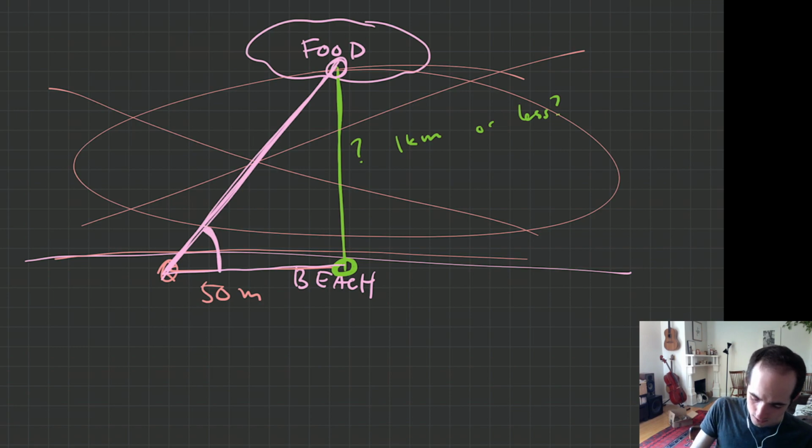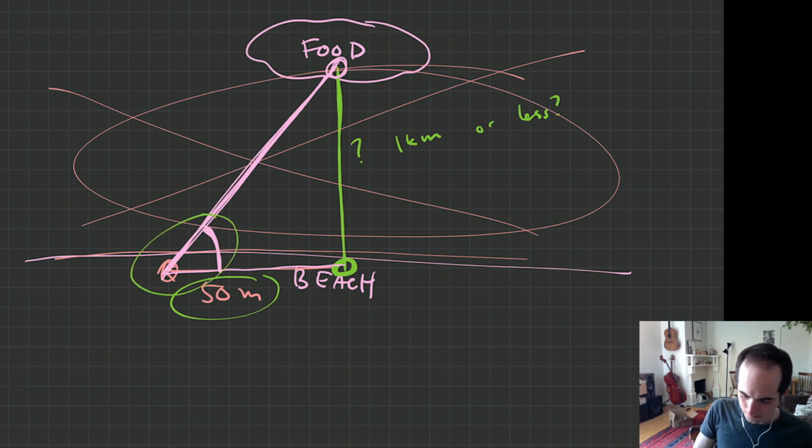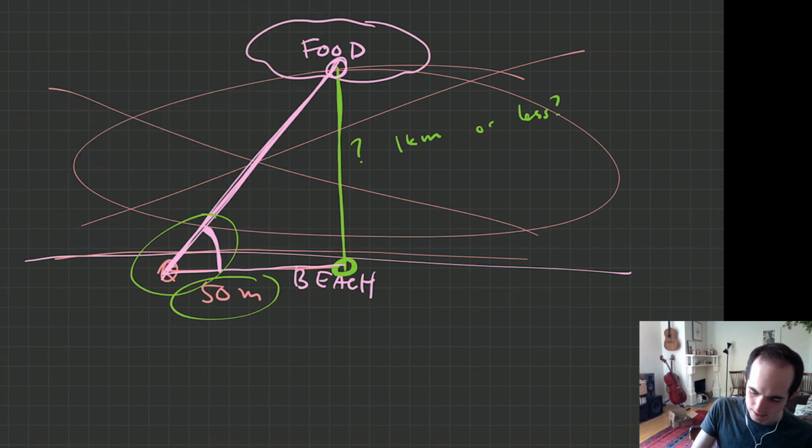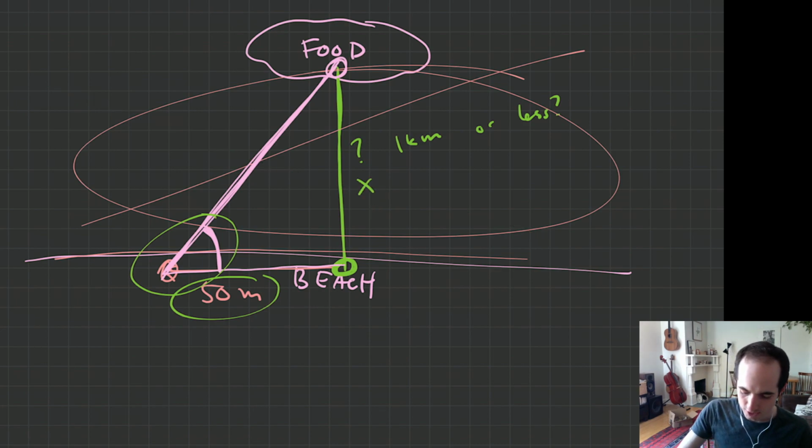So now you know this side, and you know the angle. I'm not going to make the same mistake again, it's going to be tan. Let's call this unknown distance x. So x is going to be equal to 50 times tan of our angle theta.